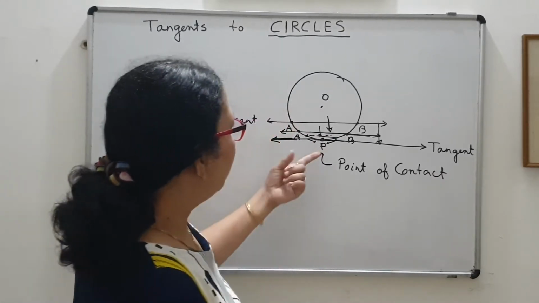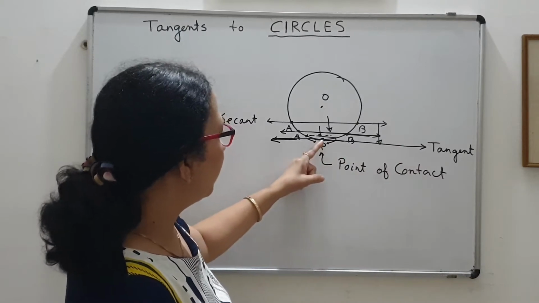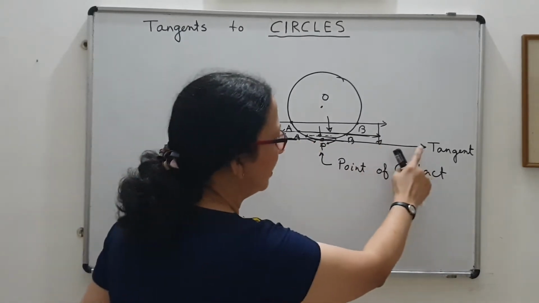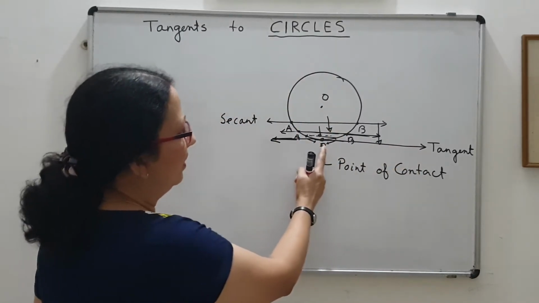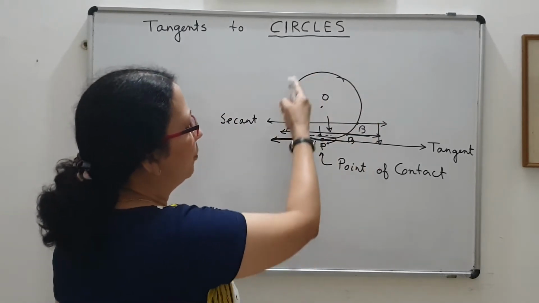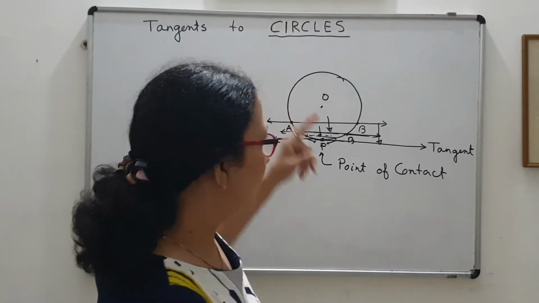And as you see, it is obvious that only one line can be drawn at a single point. That is, only one such line is possible which touches the circle at a single point. There are infinitely many points, so at each point on the circle we can draw a single tangent.